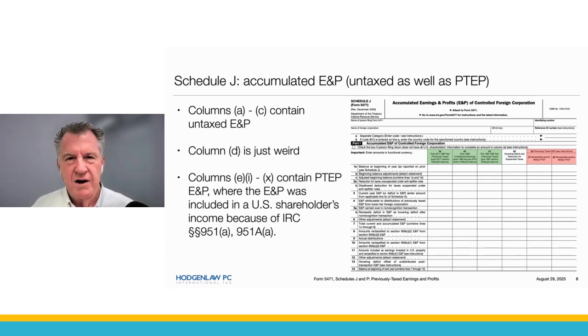And then there's subcategories below that because there are going to be some nuances, most often foreign tax credit. So that's why we're going to see these 10 PTEP groups.